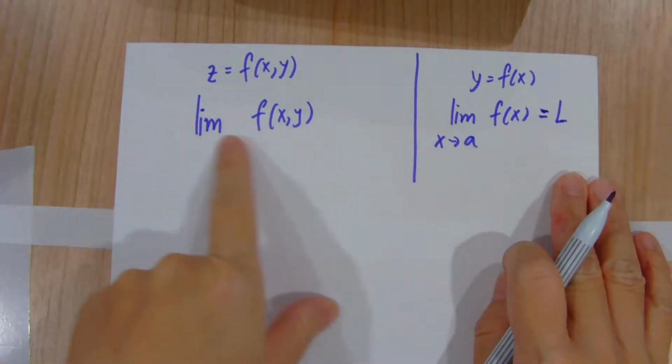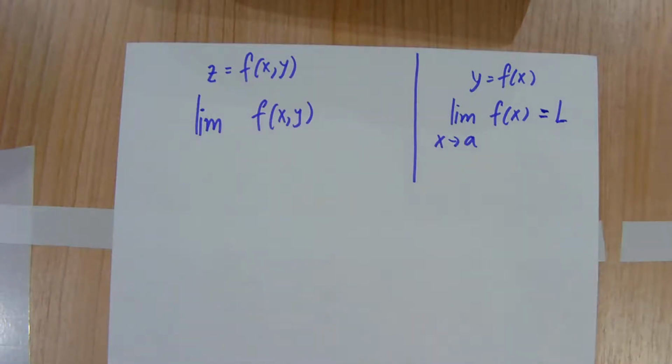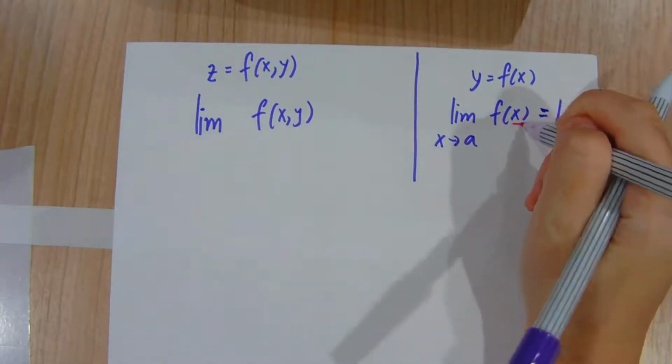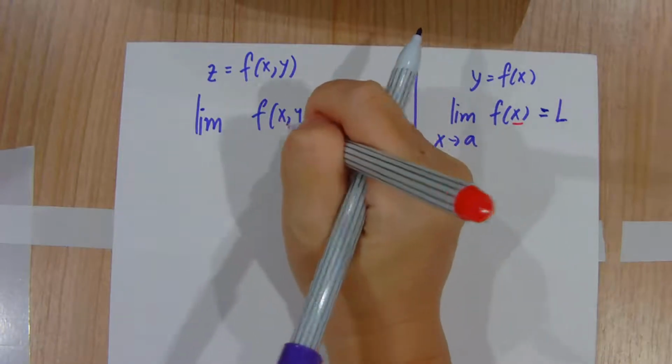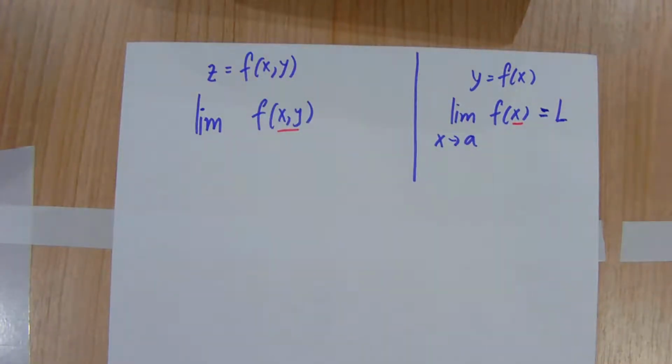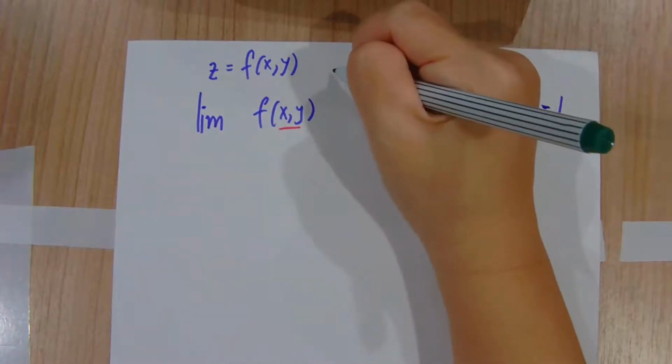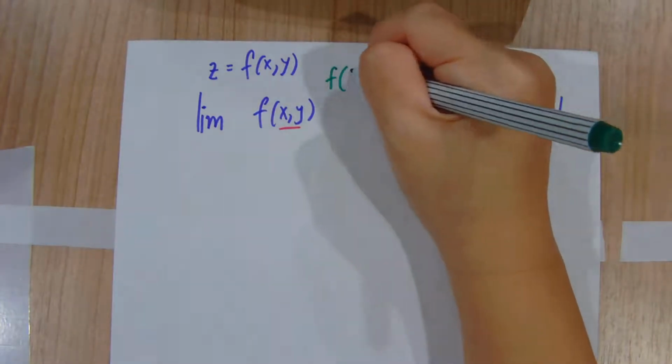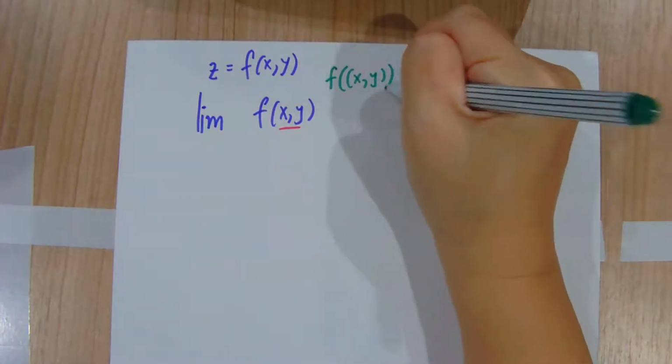So this term, but the domain of the single variable function is just x, while the domain of the two-variable function is xy. Normally, xy is just a point. So normally we could write it in terms of f of the point, f of the point x, y.